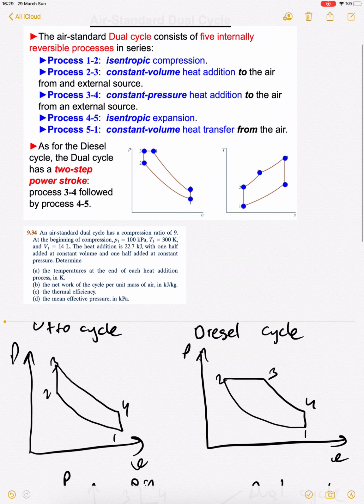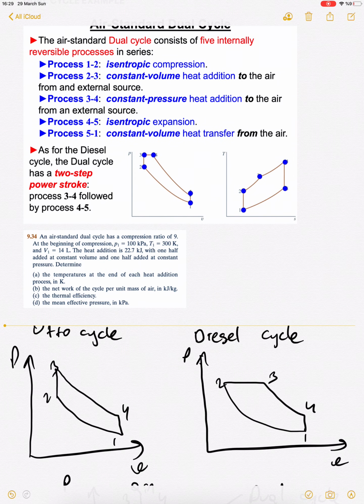So here you see that step 1 to 2 is isentropic compression, 2 to 3 constant volume heat addition to the air from an external source, and 3 to 4 constant pressure heat addition to the air again from the external source, 4 to 5 isentropic expansion, and 5 to 1 constant volume heat transfer from the air.